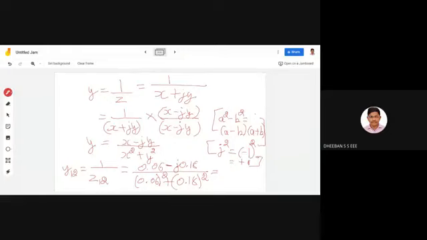Use the calculator to find it, it will be very easy. So the value is 1.667 minus 5j. So this is the value of your y12.